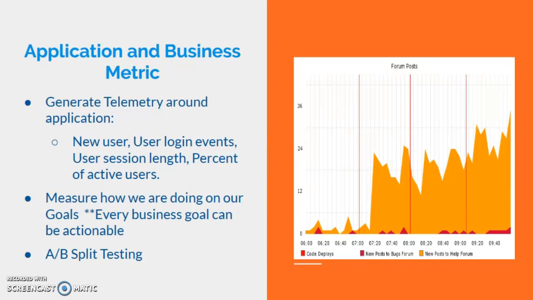The telemetry can be generated from new users, logins, events, how long they were on the system, and whether they went through to an order form. But pretty much with telemetry and metrics, we measure how everything is going, and it all is consistent with our business goal, and every business goal can be actionable.